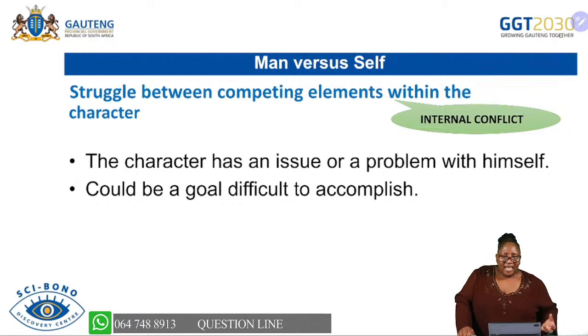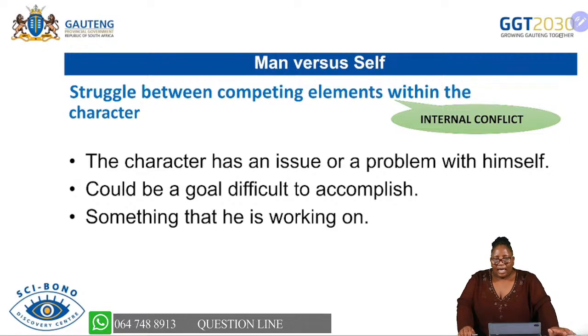It could be a goal difficult to accomplish, something that is not working. Let's look at ourselves as grade 12 learners. You have to make several decisions in this year 2022. One decision will be on Saturday.